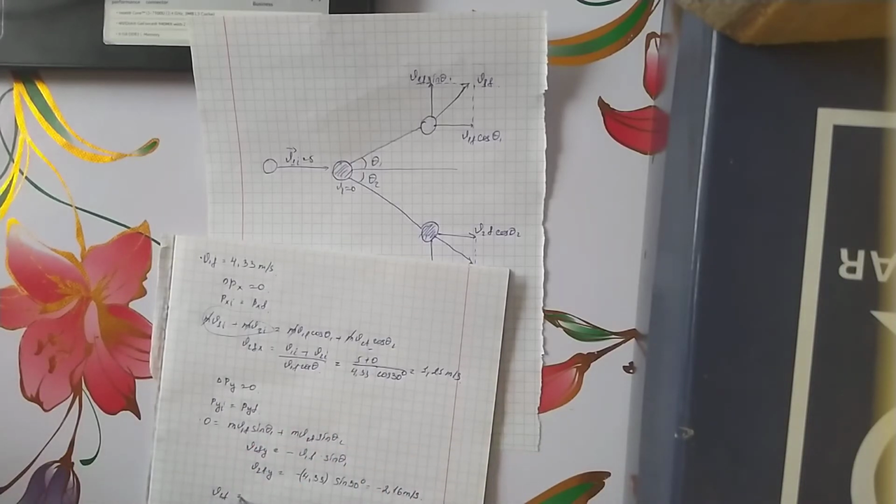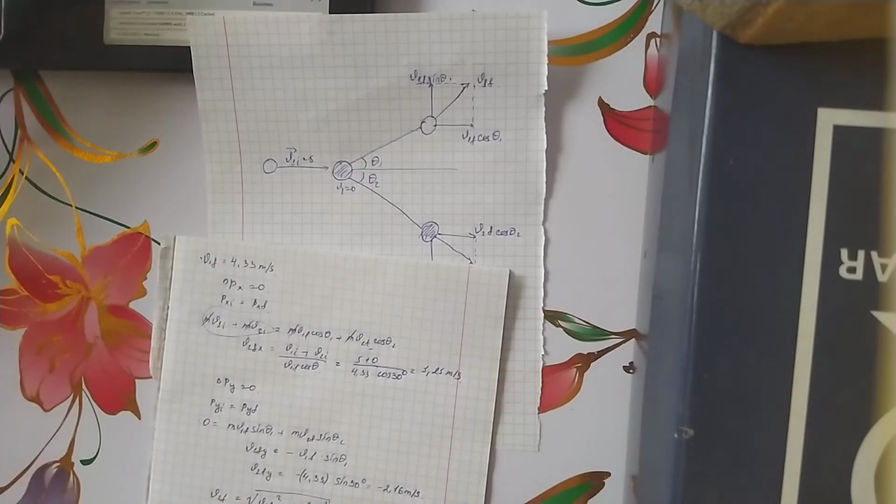So v2 final equals the square root of v2 final x component squared plus v2 final y component squared. The x component is 1.25 squared plus the y component, minus 2.60 meters per second, squared.